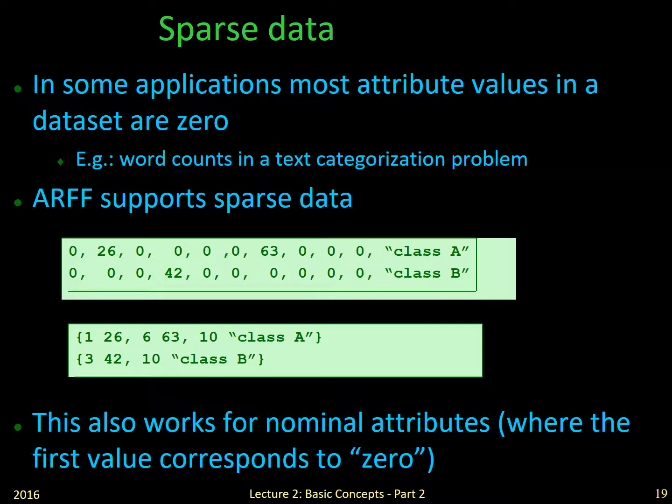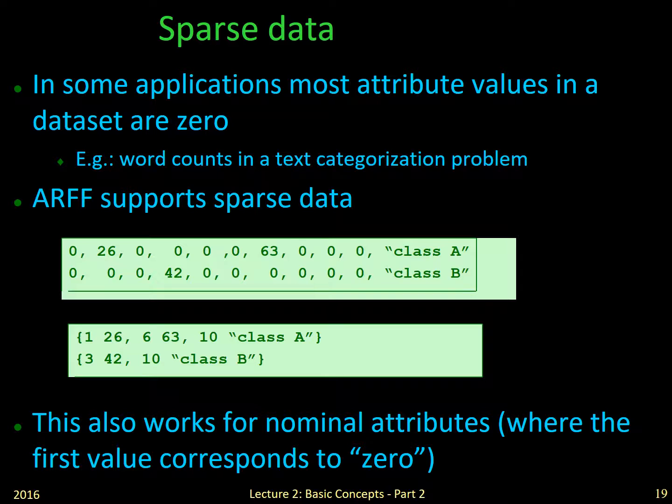Sparse data is very common in language technology. It happens very often, for example in text categorization, that many attribute values are 0, as in the example that you can see on the screen.